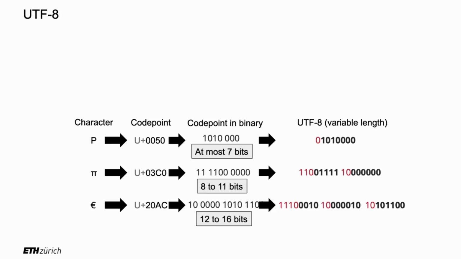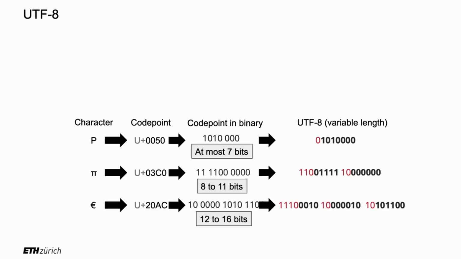You do this with 2 packets, a first packet starting with 110, and a second packet starting with 10, and then you squeeze the 11 bits into the rest of the packets, 5 on the first packet and 6 on the second. The 110 tells you that's the first of 2 packets, and the 10 tells you it's a continuation packet.